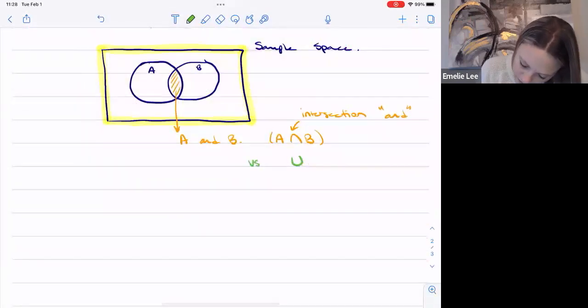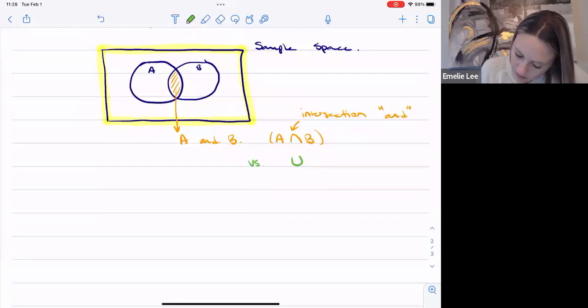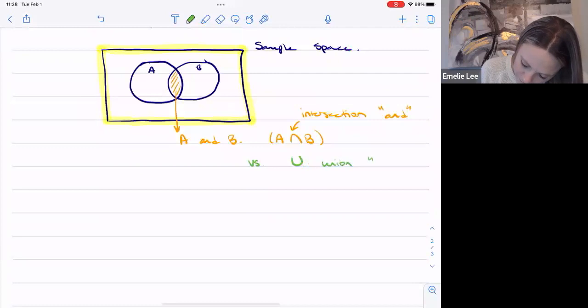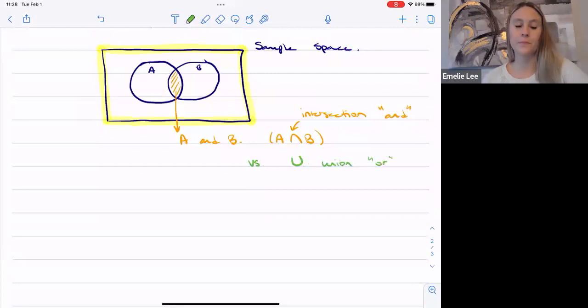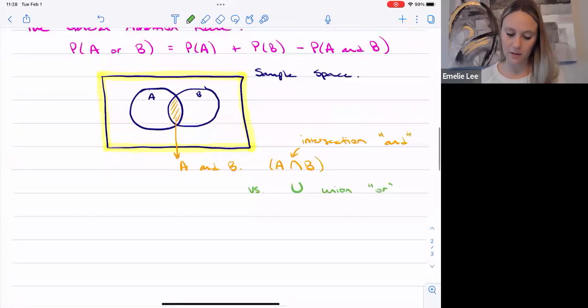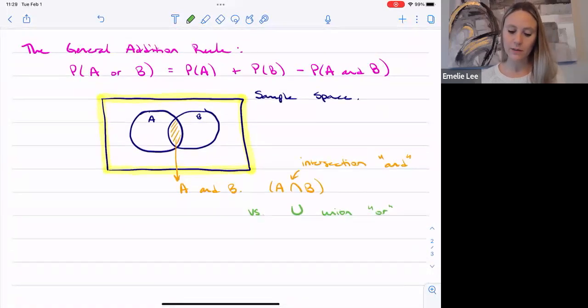But versus the union, which we read as or. Okay, so that's just set notation. Often I'll just use the words and or, but it's good for you to be familiar with it if you're reading some other textbook or something, right?